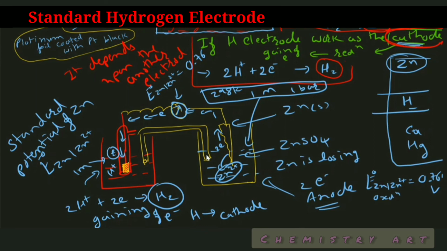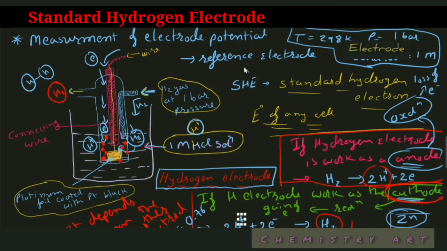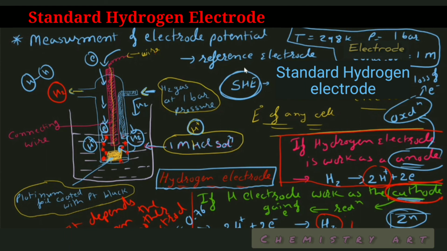But if we take the reduction potential, the value will be the same but the sign will change to minus. So the reduction potential of zinc is -0.76 volt and the oxidation potential is +0.76. It means the reduction and oxidation potential values are the same in magnitude for any electrode. So this is how we can measure the electrode potential with the help of the hydrogen electrode.